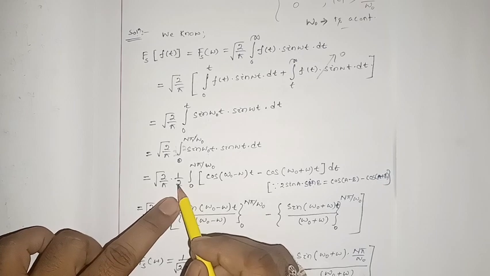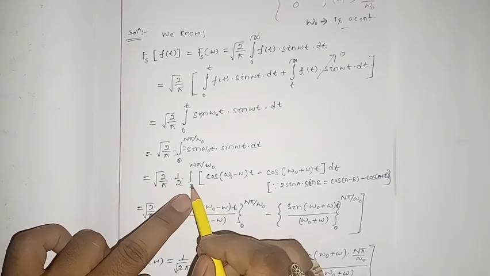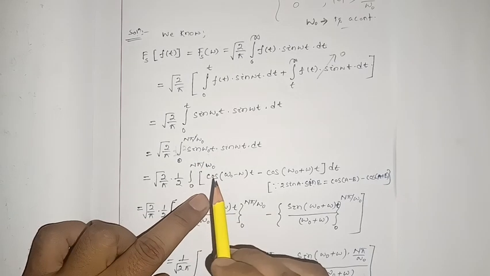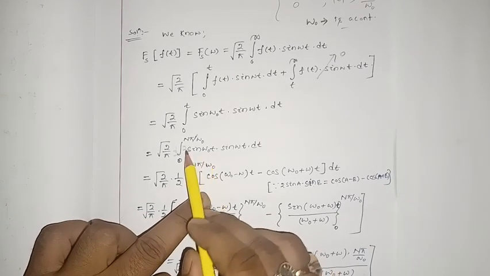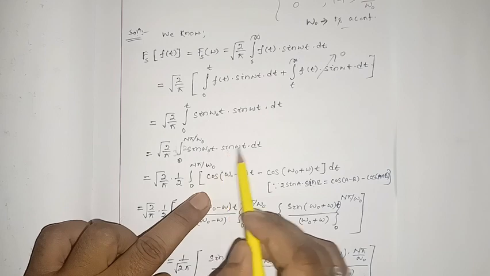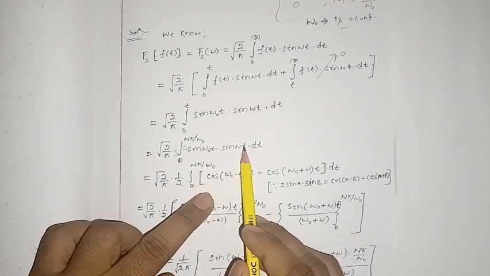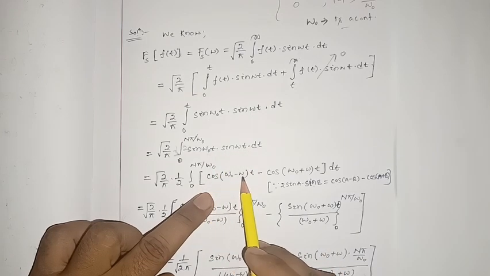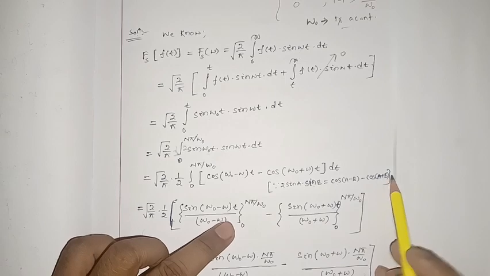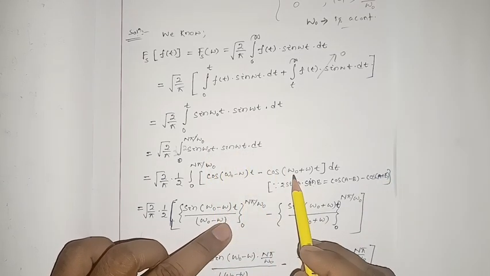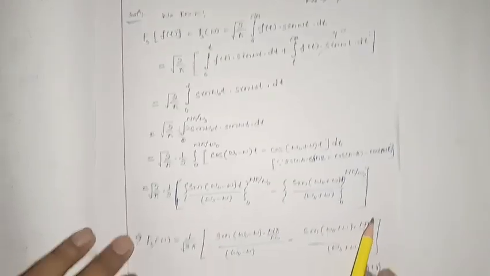So 1 by 2, already root over 2 by pi is there, 0 to n pi by omega naught. This 2 sine omega naught t into sine omega t will be written as cos a minus b, that means this minus this. So t is common, so we can write omega naught minus omega whole into t, minus cos a plus b, this plus this, that means omega naught plus omega into t, dt.